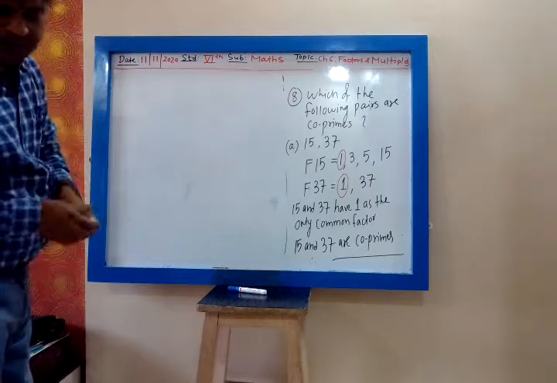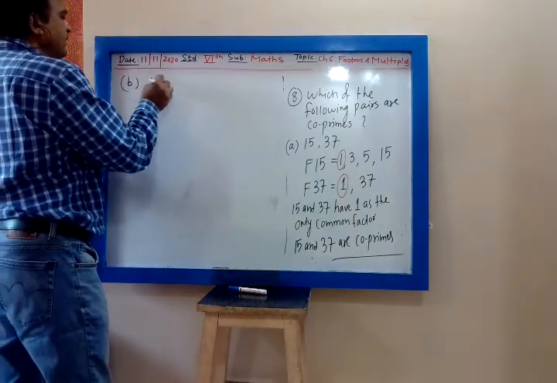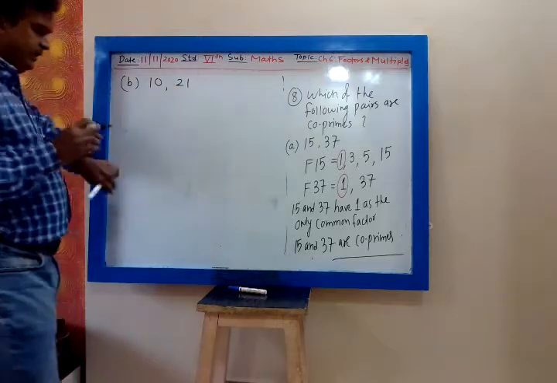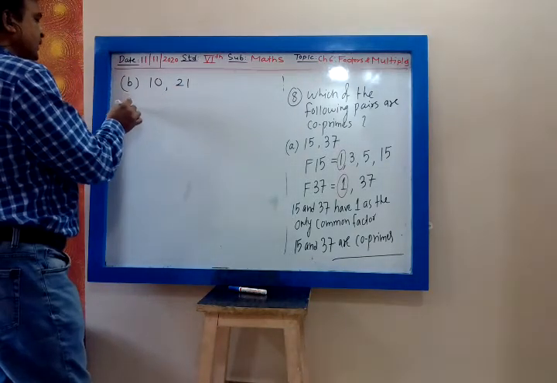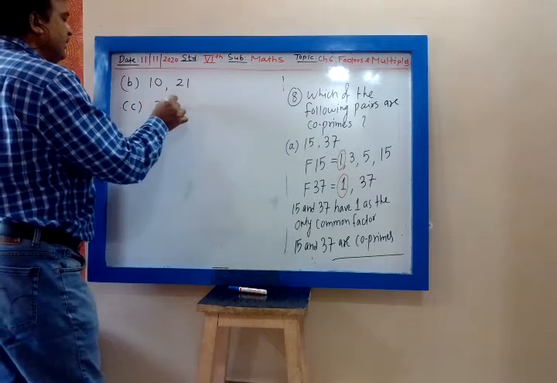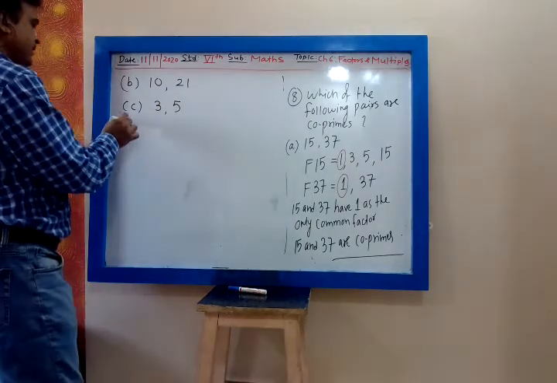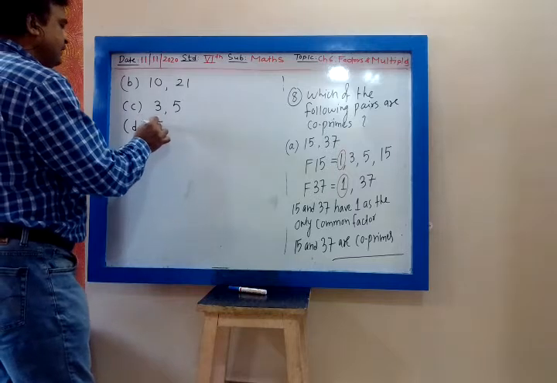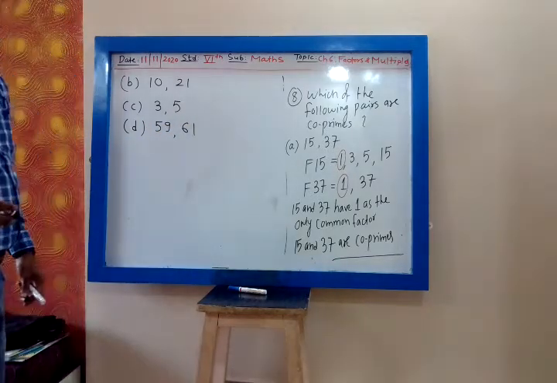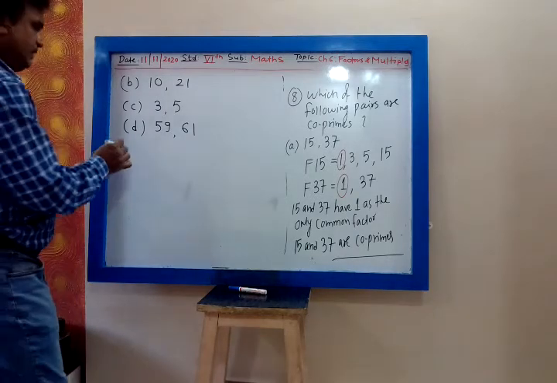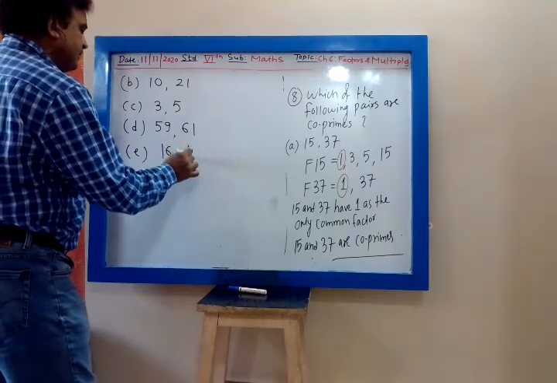Let us see B. B has 10 and 21. Then C: 3 and 5. D: 59 and 61. E: 16 and 49.